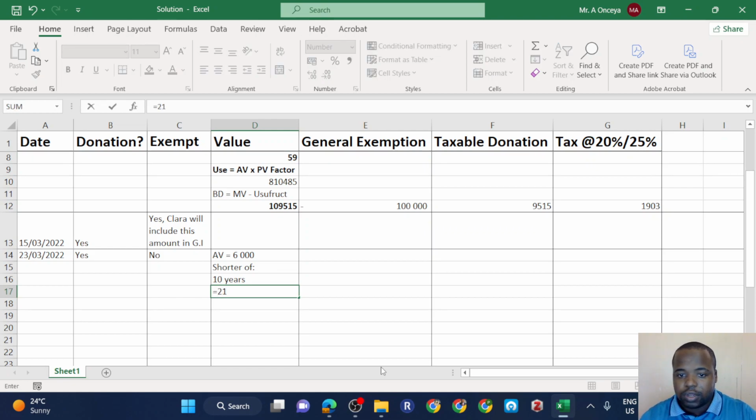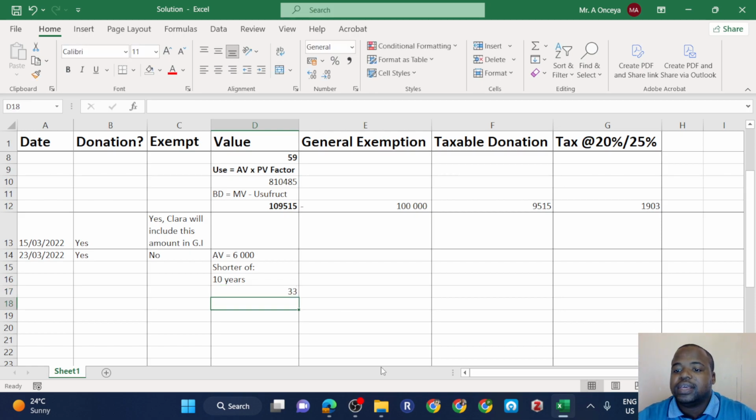So on 15 March 2022, because remember she has not yet had a birthday in 2022, so we use 2021 minus 1988, she's 33 years old, right? She is 33 because she was born in 1988, and she has not had a birthday in 2022.